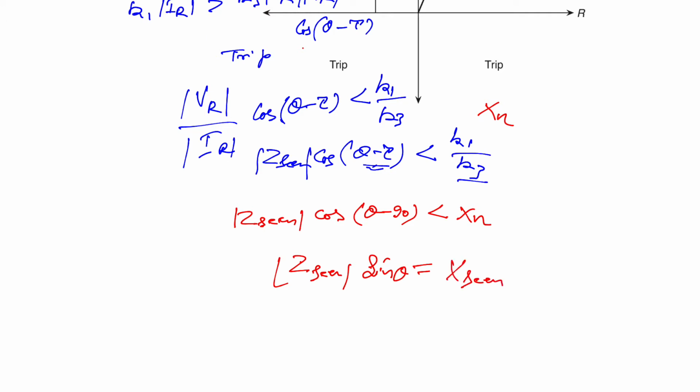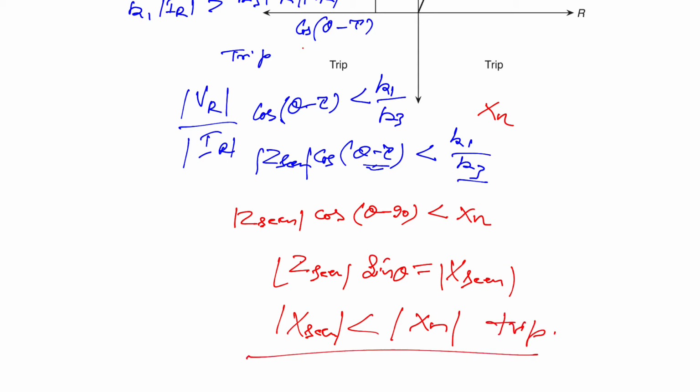So the final expression we are getting is that if the magnitude of X sine is less than Xn, then it will trip, else it will restrain.